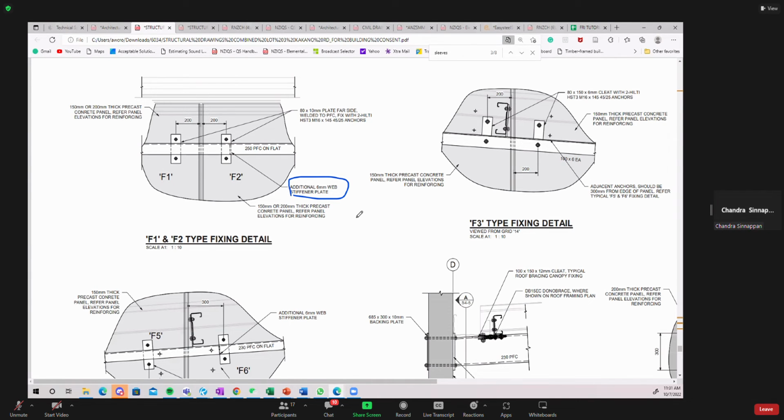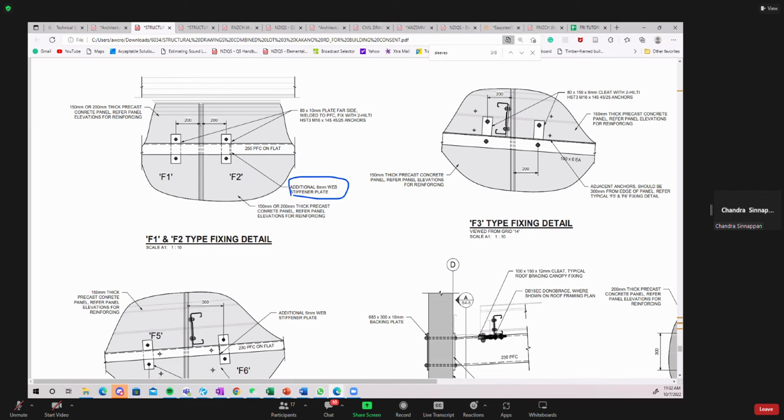Additional means there are 2? It is happening additional 6 mm, on one side over here. Is it happening on the other side? No, it is happening on F2, not on F1. So it is happening only on F2.